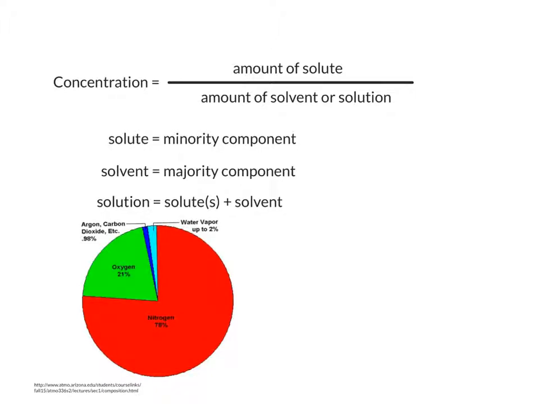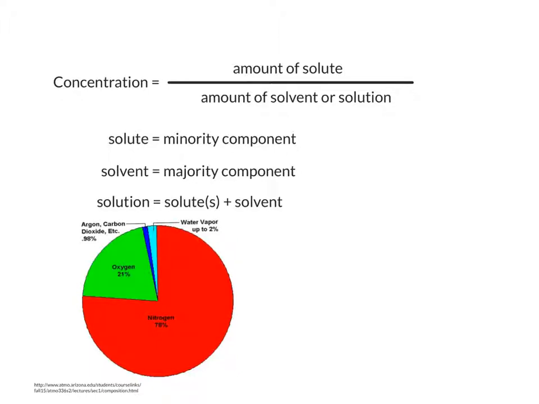The majority component of the atmosphere is nitrogen gas, about 78%. That is the solvent. The other solutes are things like oxygen, about 21%, argon, 0.9%, carbon dioxide, 0.04%, water vapor. All of these other gases are solutes in the solvent of nitrogen gas.